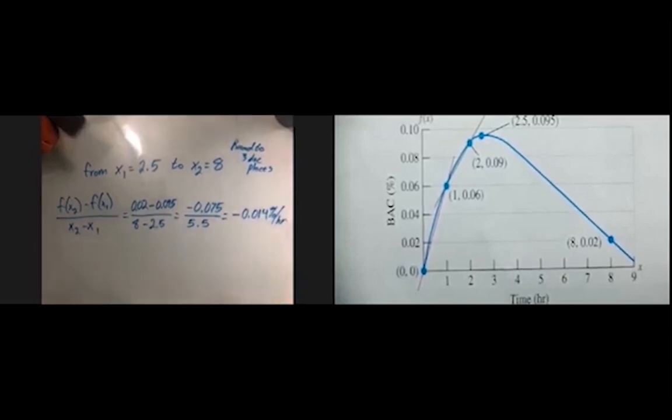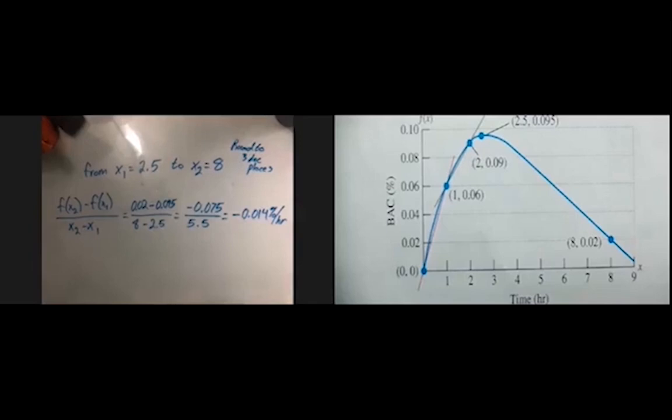What does that mean? It means on average, from the 2.5 hour mark to the 8 hour mark, if you imagine the slope of the line between those 2 points, on average, we are decreasing 0.014% per hour.